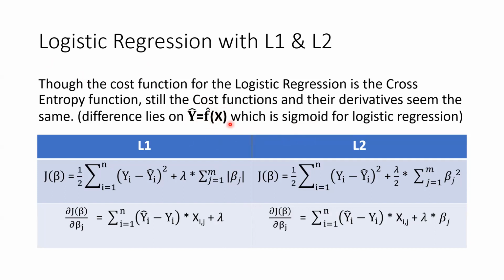It's just the linear combination, beta transpose x, only for the linear regression, right?